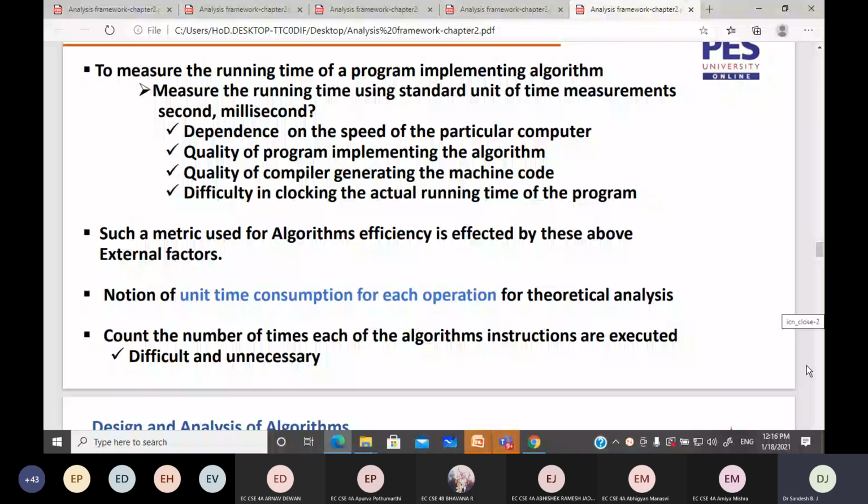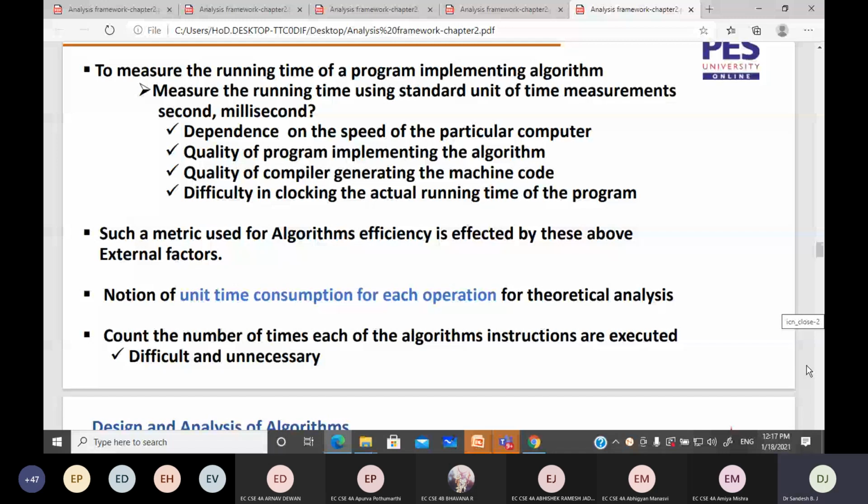So we went ahead and thought we will have a notion of unit time consumption. Using this notion, we are counting the number of times each of the algorithm's instructions is executed. So every instruction in our algorithm, we are counting how many times it is being executed. We said it is a very difficult process to count every operation in your algorithm, and later I have shown you it is unnecessary as well.